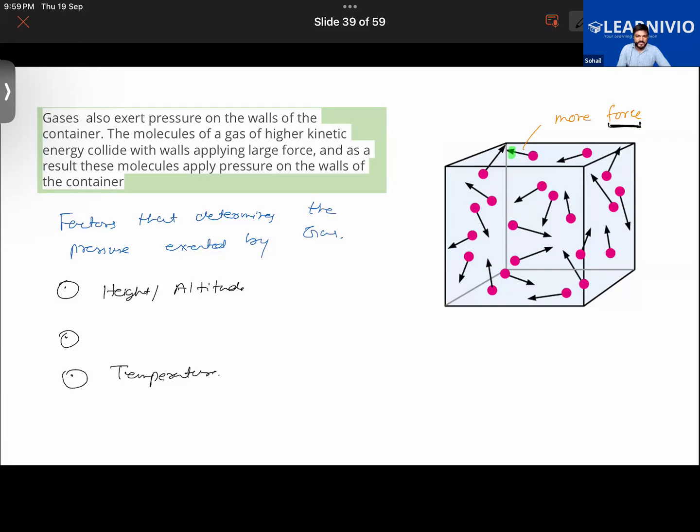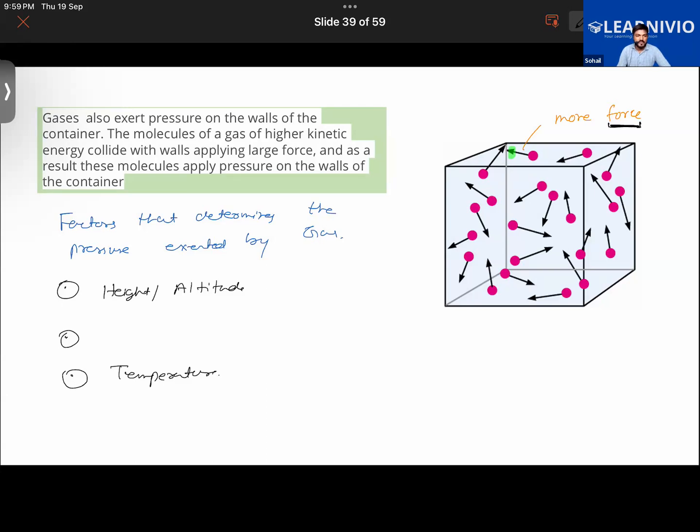There are a few other factors, like the number of molecules or the number of gas particles in a given container, or that we can basically refer to as volume, right? Sir, smaller the container, the more the pressure. Exactly. Smaller the container, more will be the pressure.